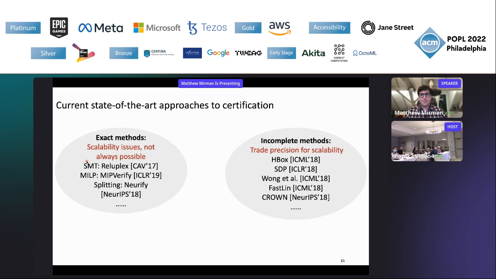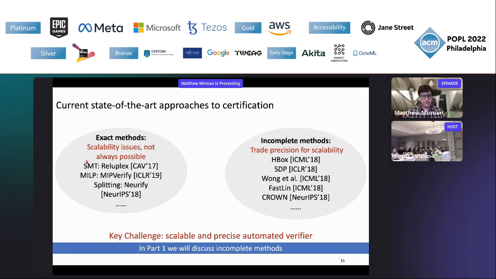Incomplete methods trade precision for scalability and don't always output if a property is true, even if it is in fact true, but are always correct when they say that a property has been verified. So the key challenge in both of these is to design scalable and precise automated verifiers. In part one, we're primarily going to focus on incomplete methods.